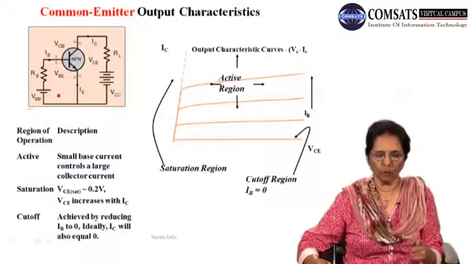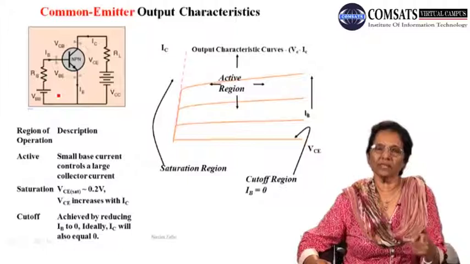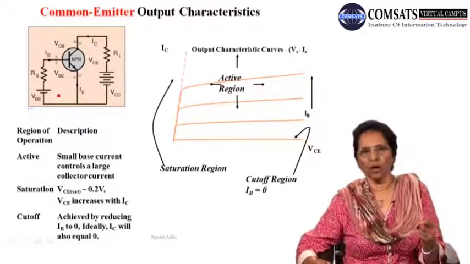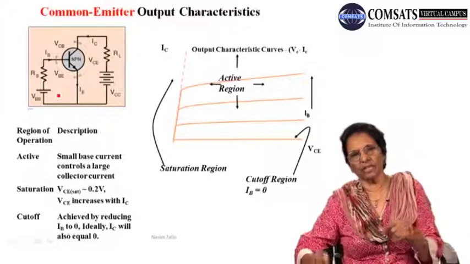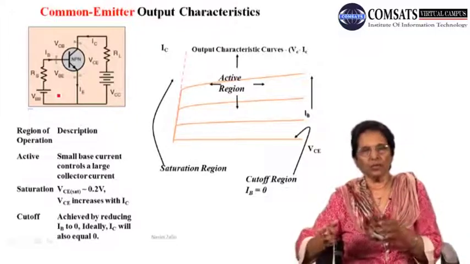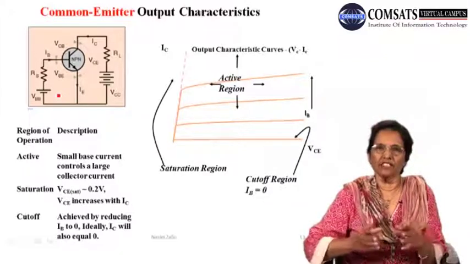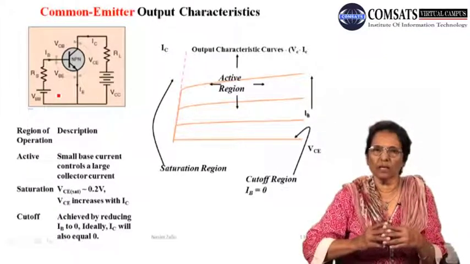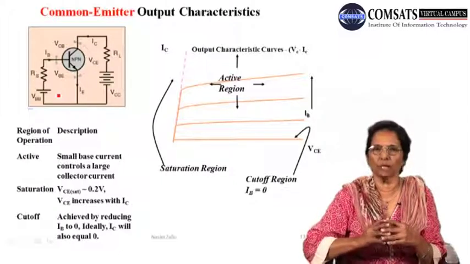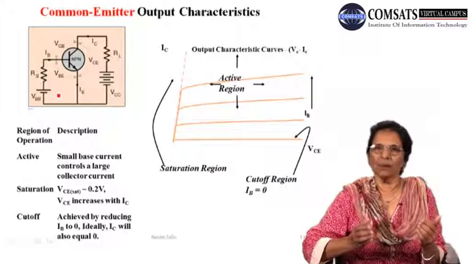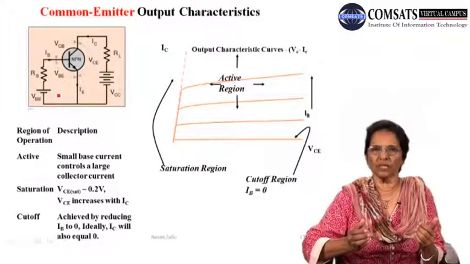And this is what I have written now, that in the active mode of operation, whether it is a PNP transistor or an NPN transistor, in the output circuit you are getting a large current by injecting only a small current, as small as microampere, into the base region. So that is defined as the active mode of the transistor operation.